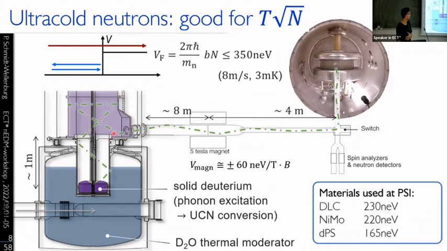They bounce, and they have a certain chance to bounce all the way to your experiment. All this process loses neutrons, so the big challenge is to keep as many neutrons as possible on your path to your chamber. We end up with something like 20,000, 25,000 ultra-cold neutrons at the beginning of the experiment.